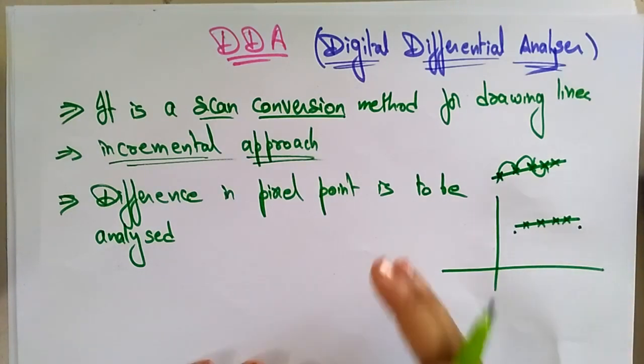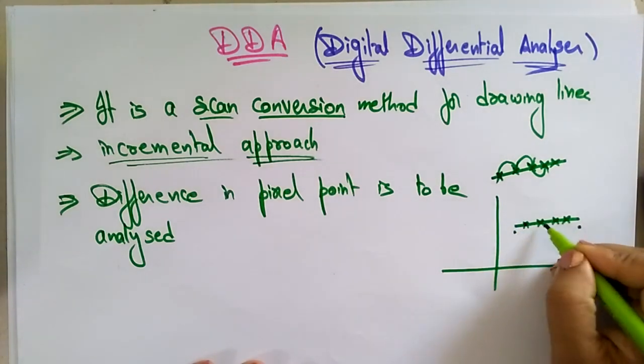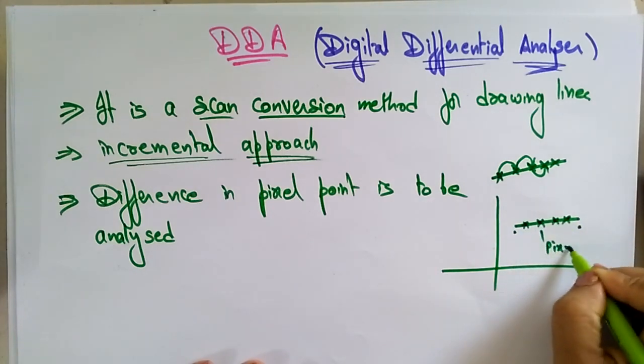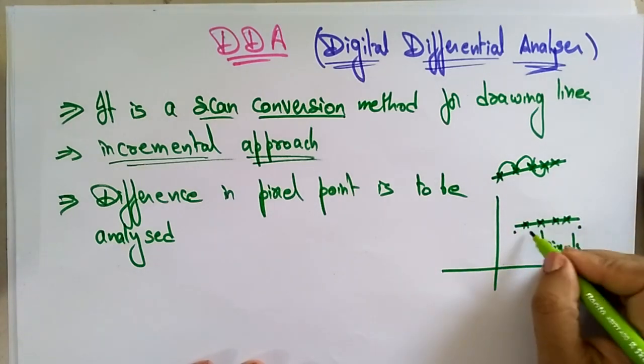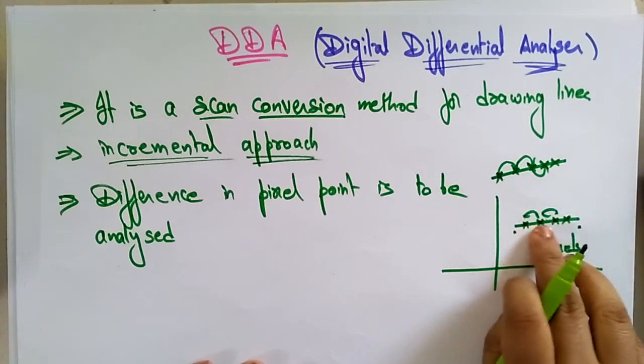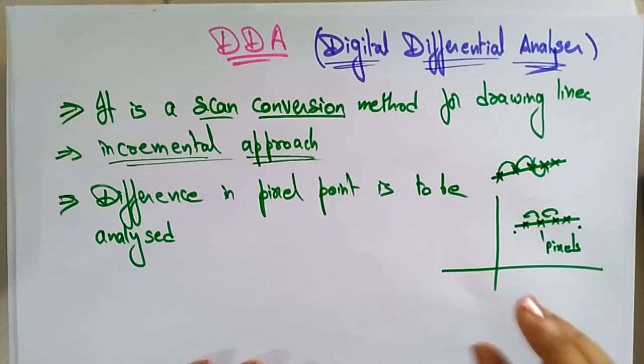In this algorithm, to draw a line, the difference in the pixels is analyzed. These points you are seeing are called pixels, so the difference between the pixel points is analyzed, and then according to that the line can be drawn.